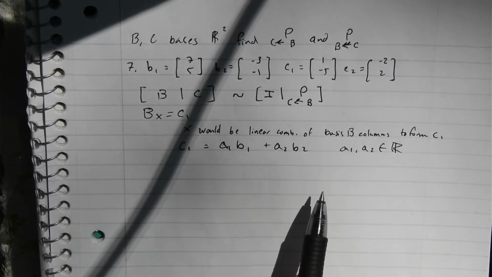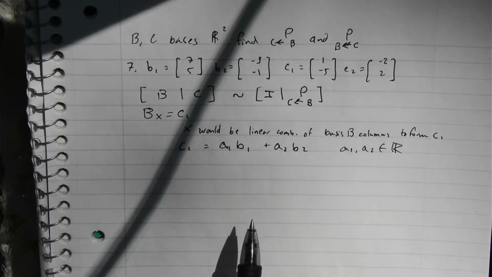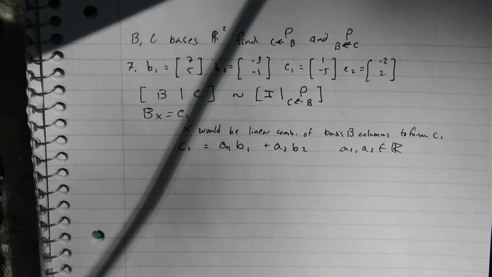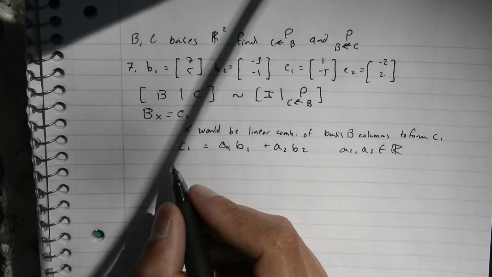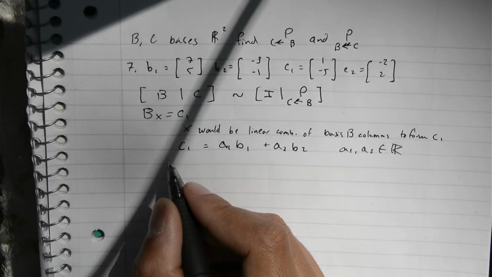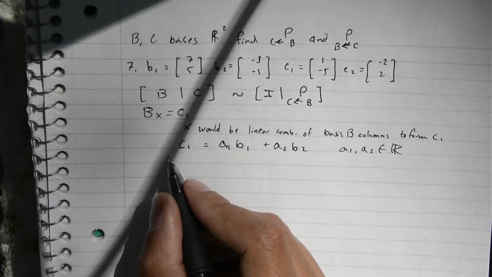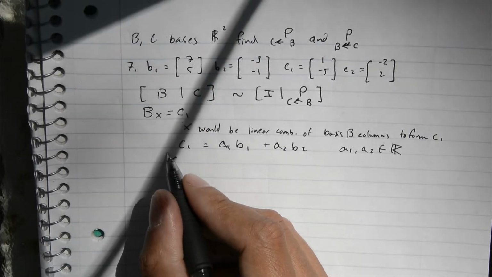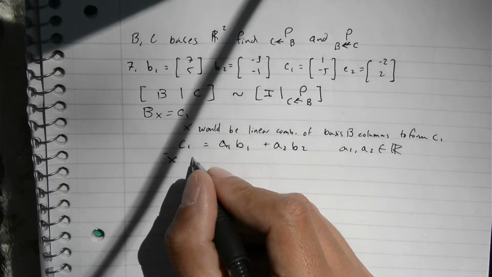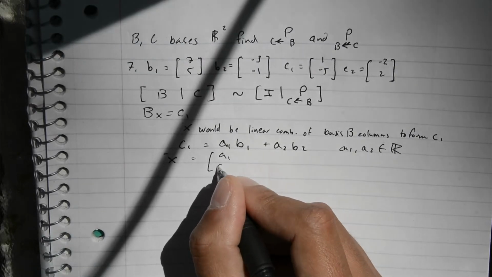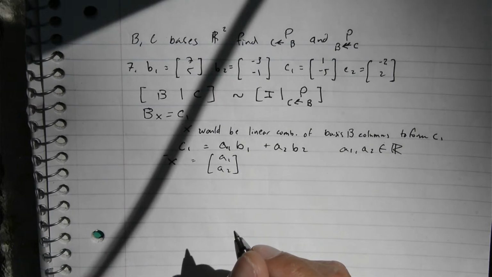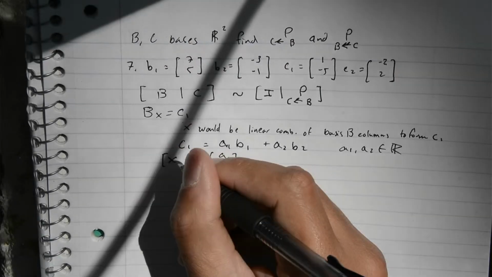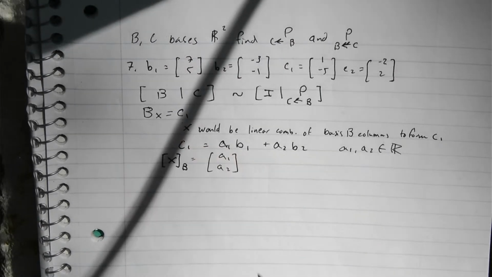And so then you get, so what this means is that X would be the vector A1, A2, X in terms of B, right?